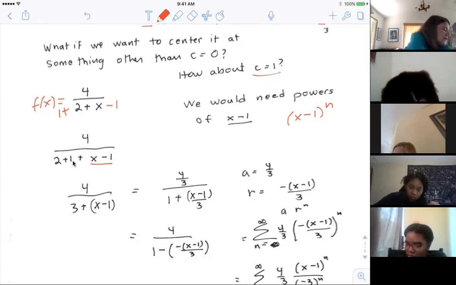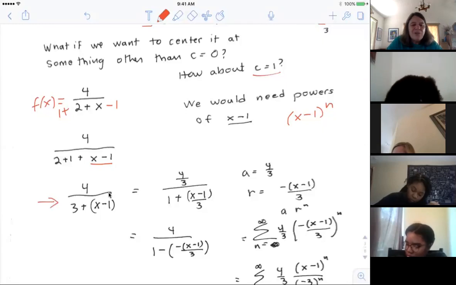So if I look at that now, it looks like this. And if you multiply it out, it looks like the original. I'm just screwing around with it to make it look the way I want it. Now, what does a geometric series look like? It has a 1 right here. So the next thing I need to do is sort of what I did on the last one: if I want a 1 right here, what do I need to do?